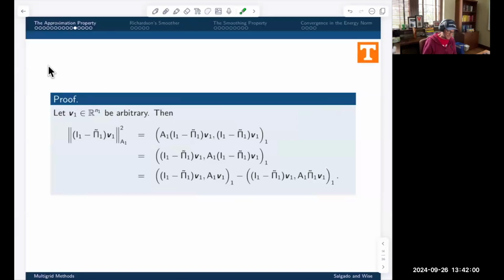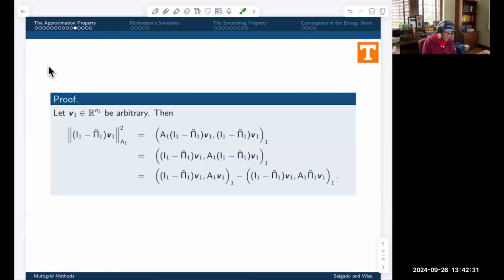So let's start off with the energy norm of that error matrix times an arbitrary vector v1, and we'll square it, of course. That is going to be the same as the A1 inner product of this vector with itself, but I'm going to skip that step and write it directly as a Euclidean inner product of a vector with this vector, with the addition of this stiffness matrix coming over on the side.